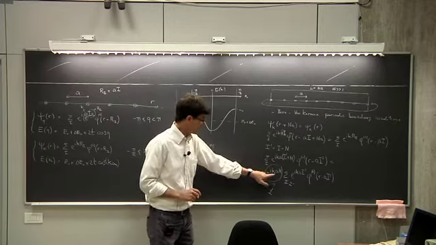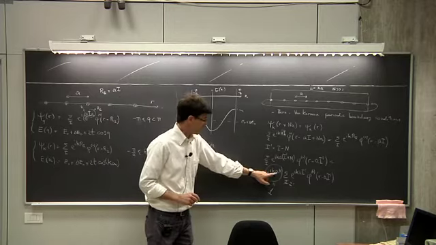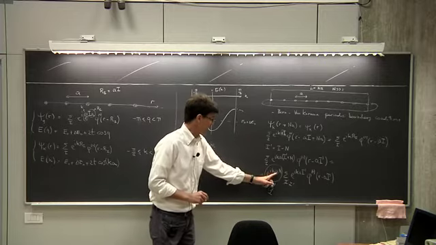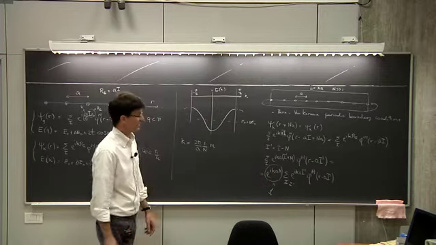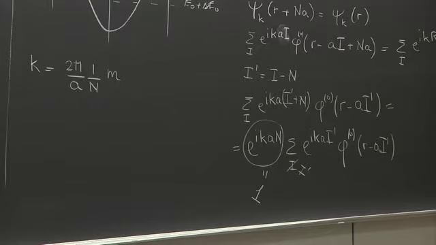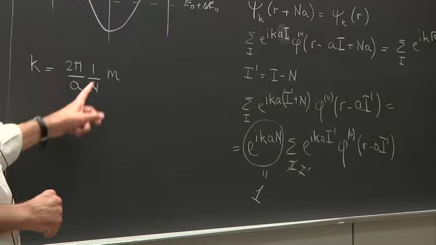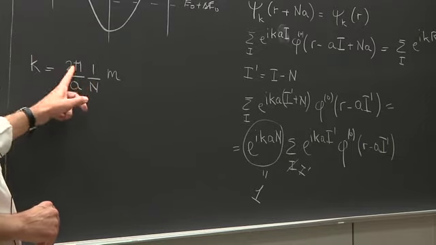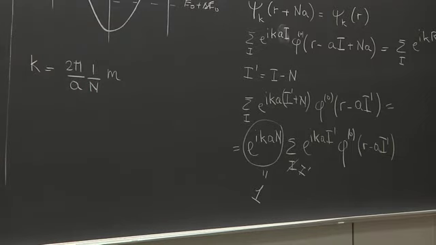Only in this particular case will this be 1. If k times a times n is 2 pi times an integer, which is what I'm writing here, right? k a n is 2 pi times an integer, m.